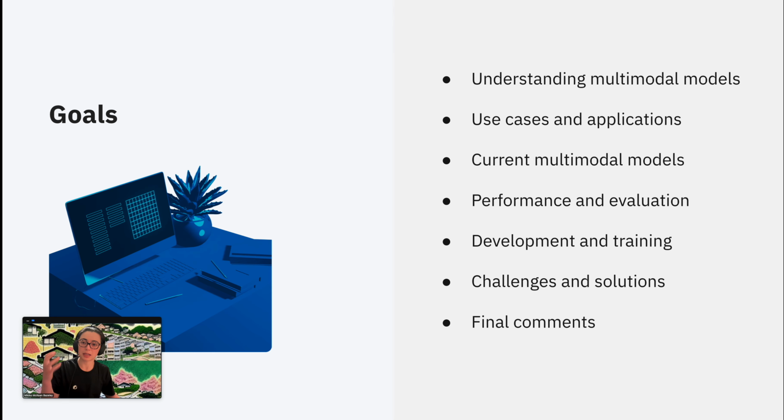The main things I want to hit are: one, what is a multimodal model at a very high level. Second, what are the use cases and applications? Third, a quick coverage of the current multimodal models out there. The fourth, which is really important, is performance and evaluation.